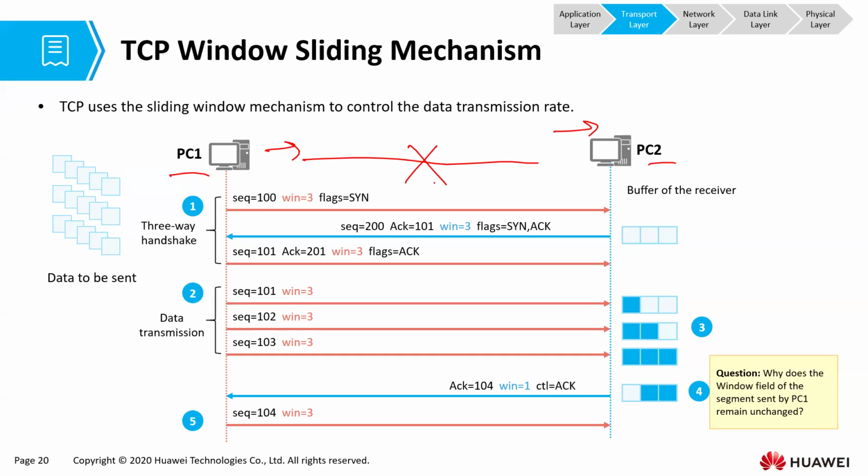Or if the rate of transmission from this PC is way above the rate of information being received on this end, it basically means some of the information will get dropped because PC2 cannot handle all the traffic of PC1. There is a need to have a way of controlling that.